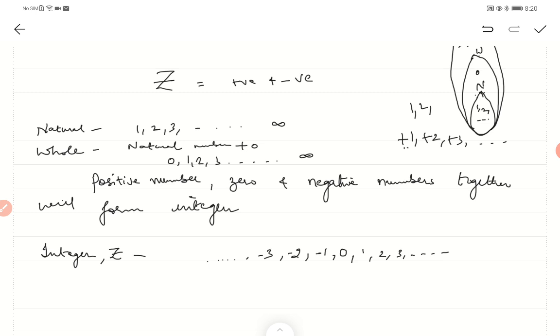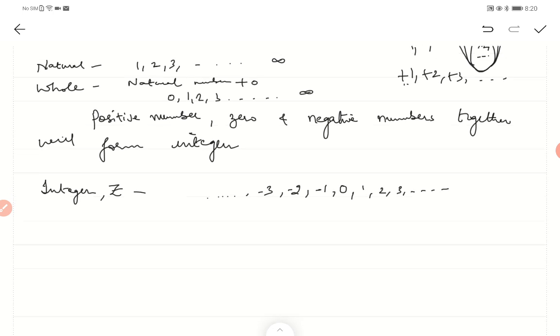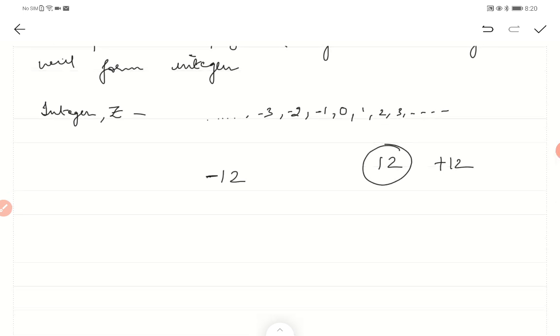If it is a negative number, it will be shown specifically, for example -12. If I take only 12, this shows that it is +12, isn't it? So whenever a number is given without a sign, that means it is a positive number.